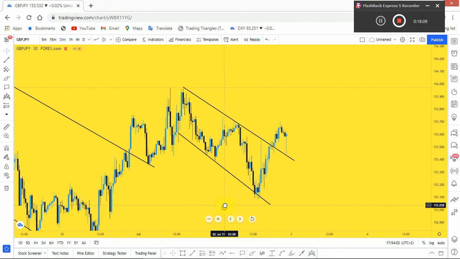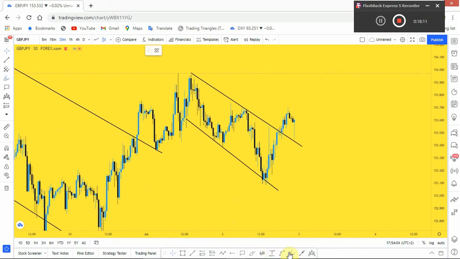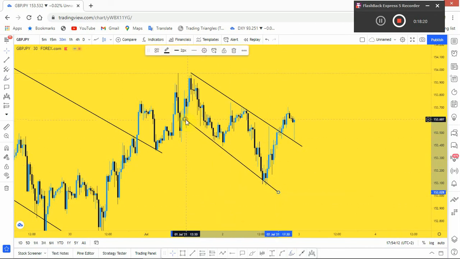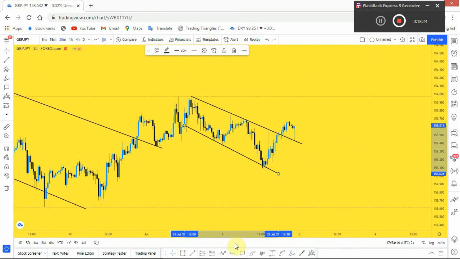What that simply means is that, in order for a flag to be completed, the market has to touch it 3 times. 1, 2, 3 times. Hence the 1, 2, 3 touch confirmation.